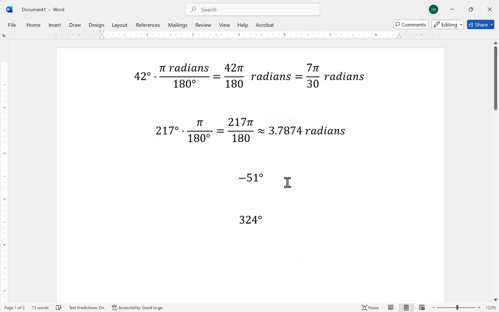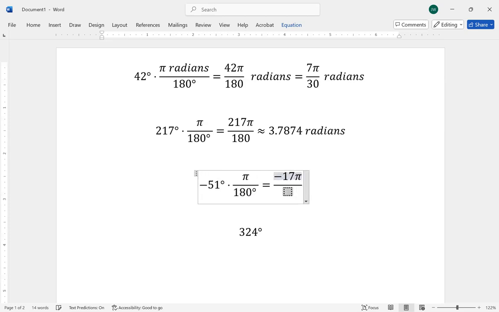If I take negative 51 degrees and convert it, again, I'm going to multiply by pi over 180. And negative 51 over 180 does simplify to 17 over 60. So if I wanted to use the simplified version, it'd be negative 17 pi over 60.